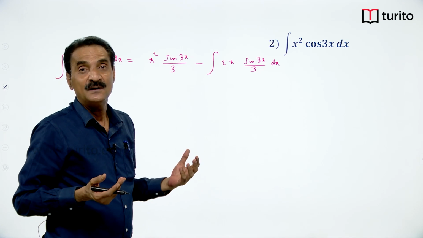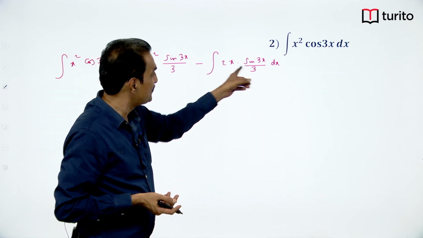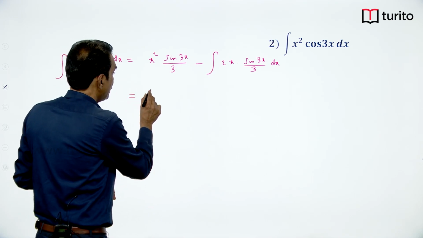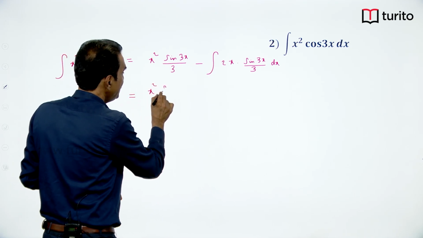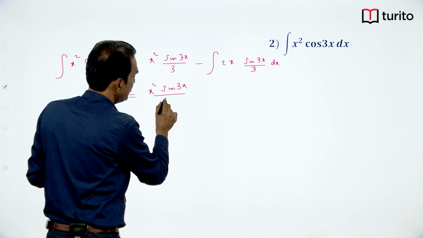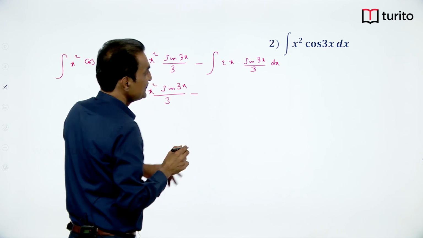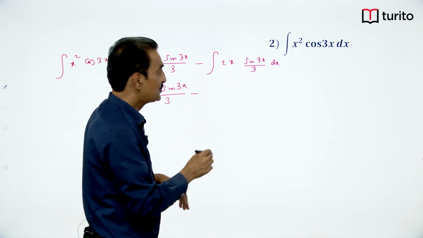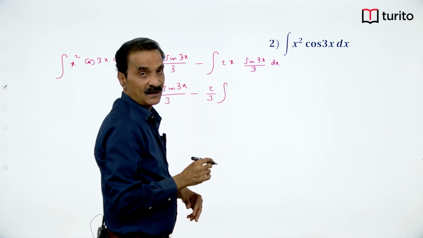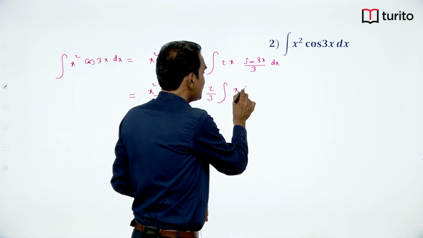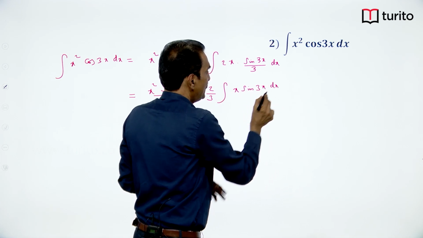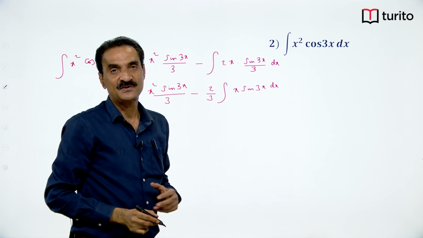So, what to do? Again, we have to integrate this product by parts. It is x square sin 3x by 3 minus, you can write 2 by 3 outside the integral, integral x sin 3x, and this should be integrated by parts.